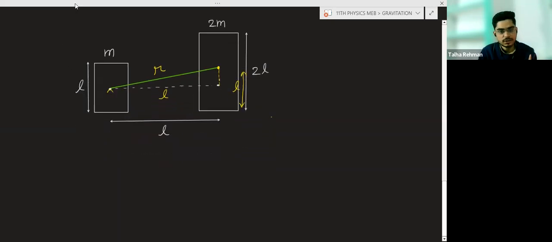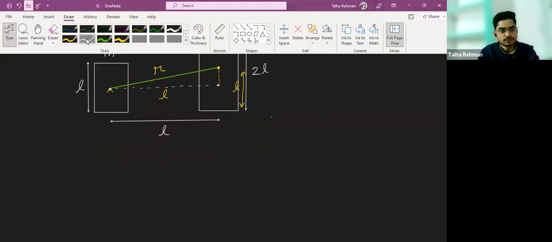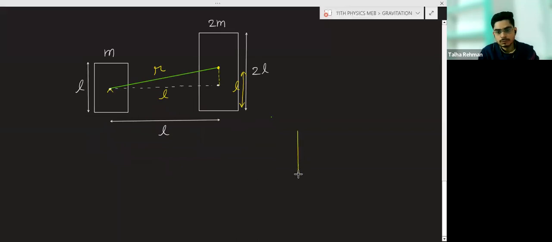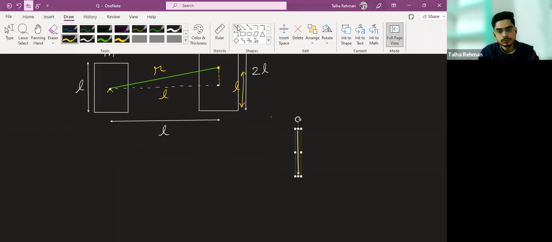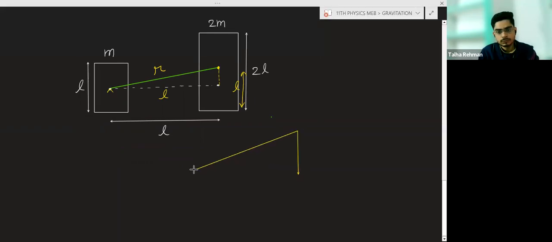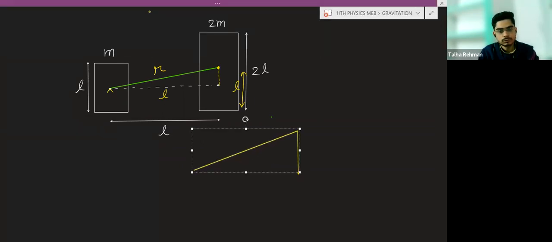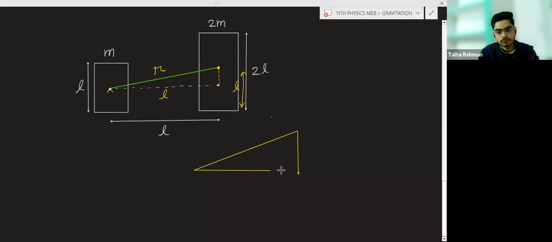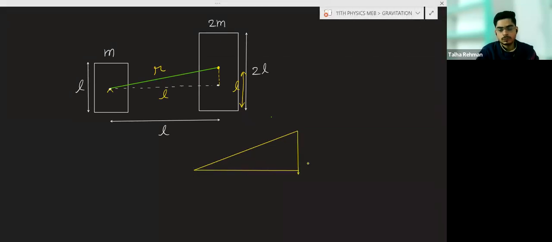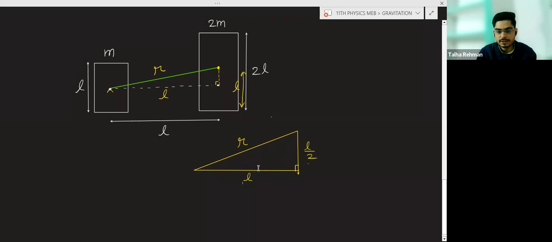So basically we can take this triangle out. This angle is 90 degrees. R is what you want to find, this is L by 2, and this is L. So you can apply the Pythagoras theorem.